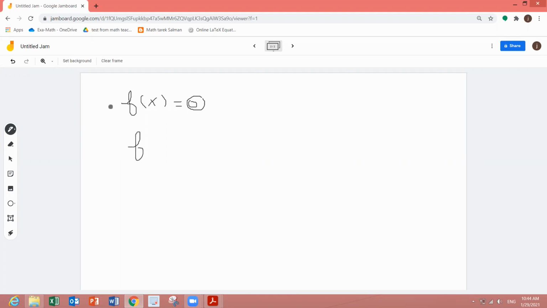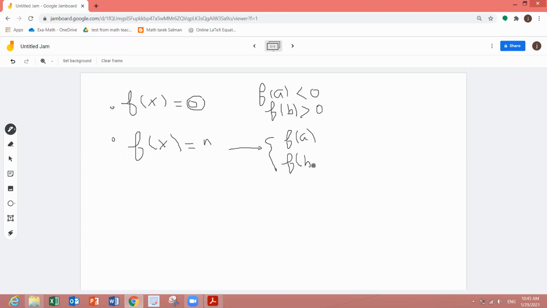If you are asked about f(x) equals a number, you find f(a) and f(b); suppose one is negative and the other positive, you compare it with n: one less than n and the other greater than n.